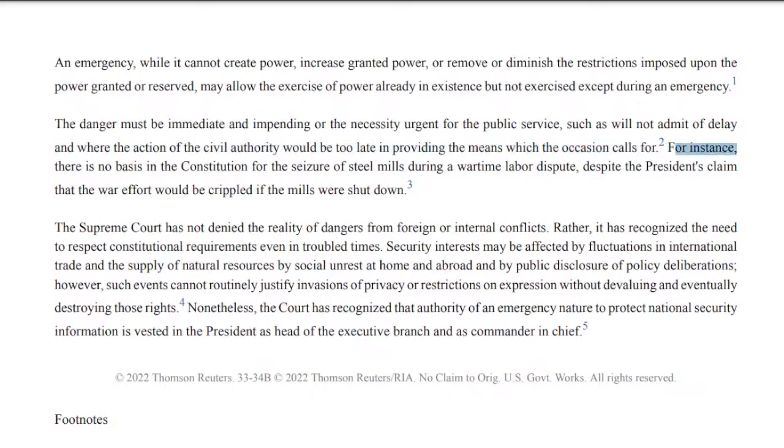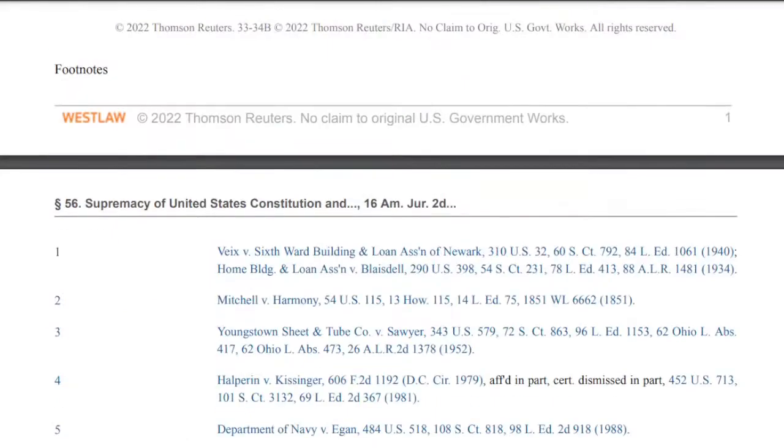For instance, there is no basis in the Constitution for the seizure of steel mills during a wartime labor dispute, despite the President's claim that the war effort would be crippled if the mills were shut down. All right, footnote 3. That was Youngstown Sheet and Tube Company versus Sawyer, Ohio, 1952.